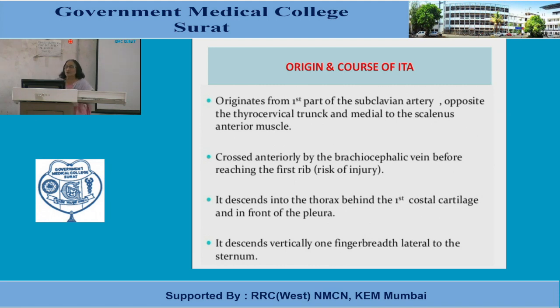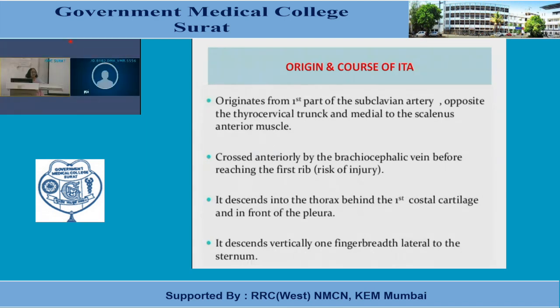Now in detail, the internal thoracic artery originates from the first part of the subclavian artery, opposite the thyrocervical trunk and medial to the scalenus anterior muscle.